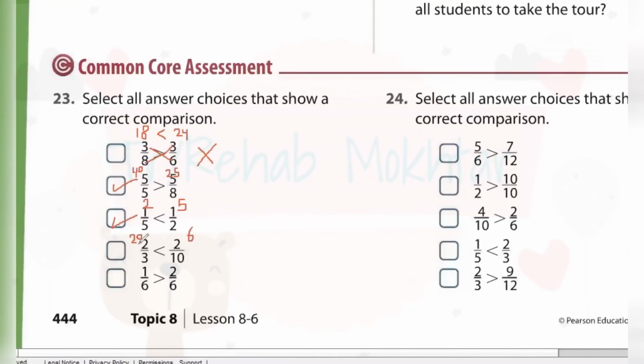So 20 is more. This is not correct. The sign must be like this. 6 times 1 equals 6. 6 times 2 equals 12. So 12 is more than 6 and 6 is less than 12. This is not correct.